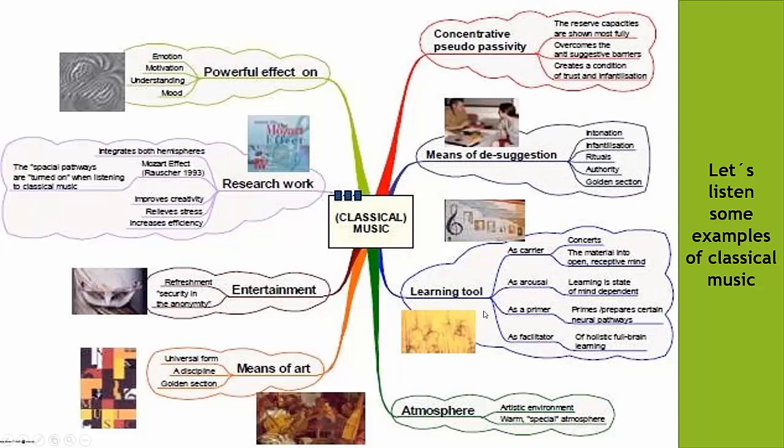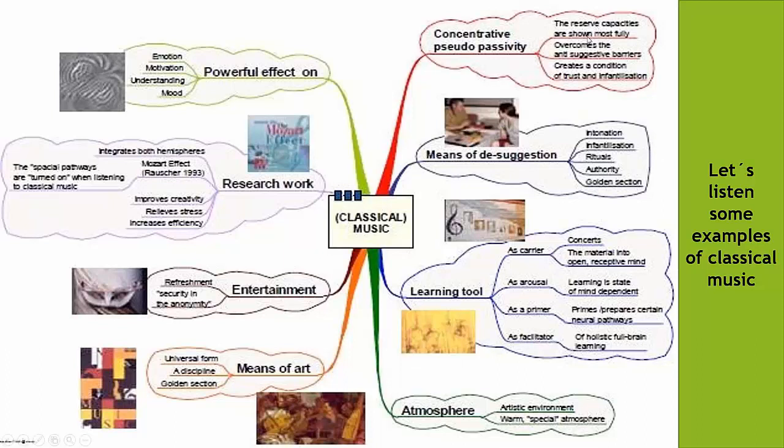Well, here we have a complete chart about this part. And what we understand here is the pseudo-passivity. We are going to use the pseudo-passivity. This is another name that we use for the passive concert. Okay?